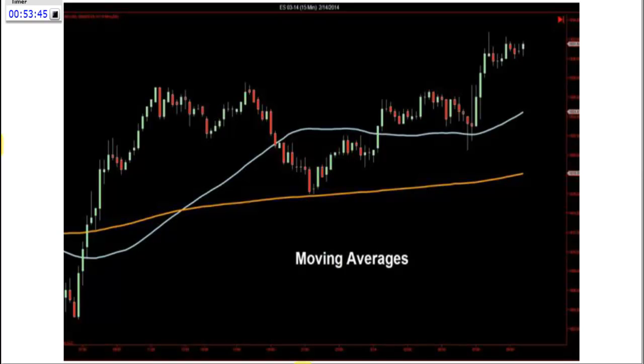But as with a lot of the tools, people get confused about the best ways to use them. And moving averages are, again, one of those things that aren't truly on your chart, right? They're not really there. So sometimes the market will respect them, and other times it will move right through them, almost like they're not even there.